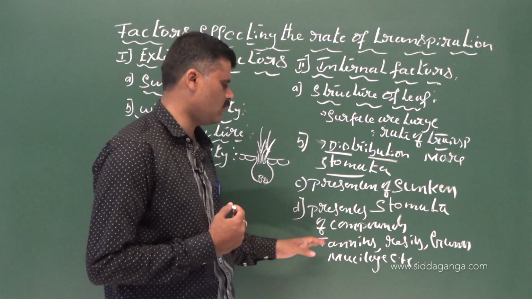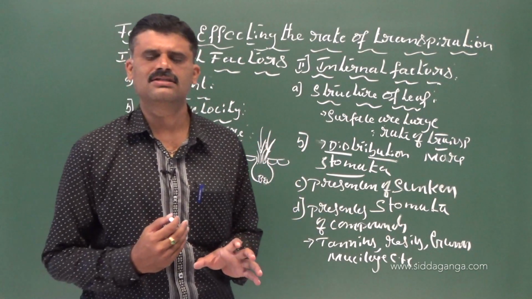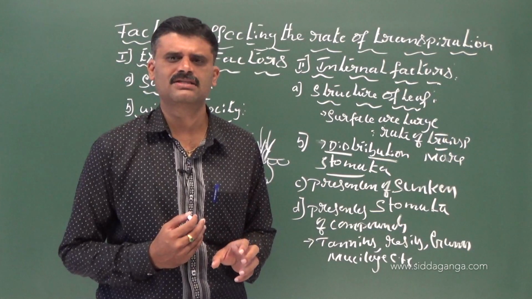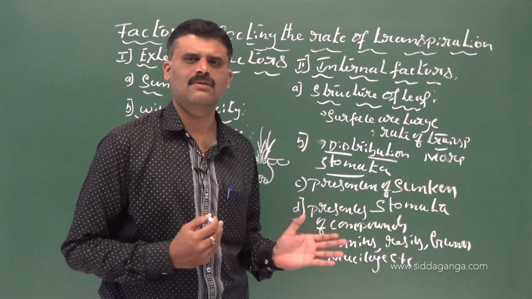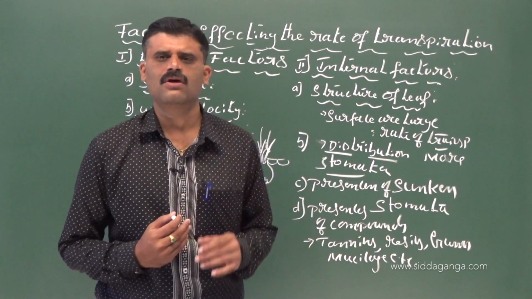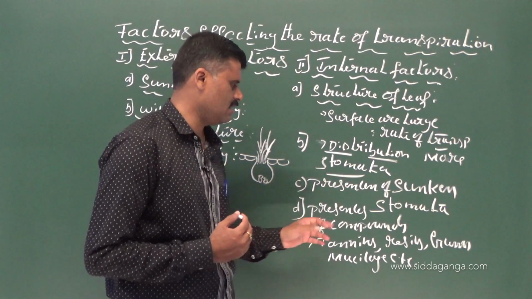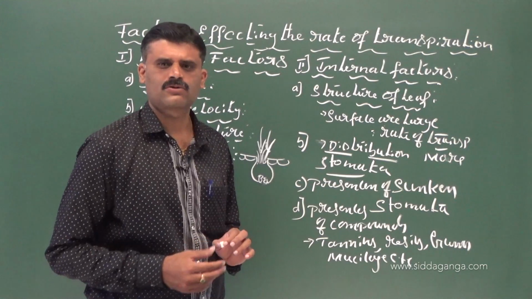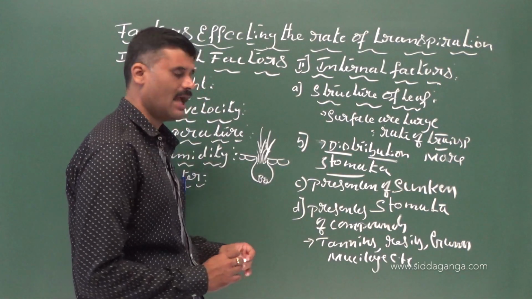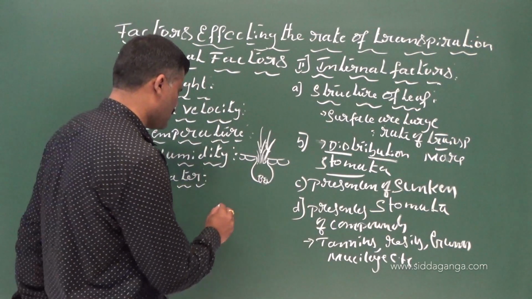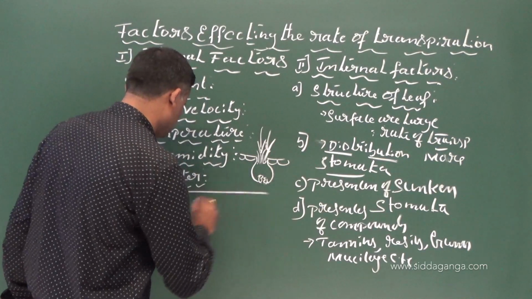So these compounds resist the sunlight, resist the temperature, and then resist the movement of water from plant to environment. So these are the compounds involved in resisting the process of transpiration, and they act as anti-transpirants.